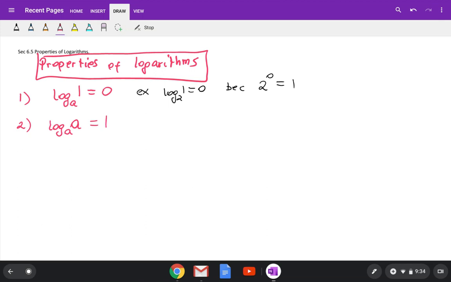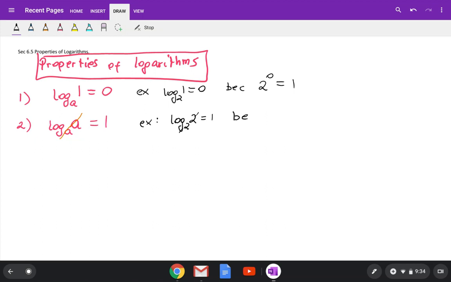You may even think a little bit that they are canceling each other. Let me give you an example. Log of base 2 of 2. Since base and the input are the same, they will cancel each other, and that will be equal to 1.